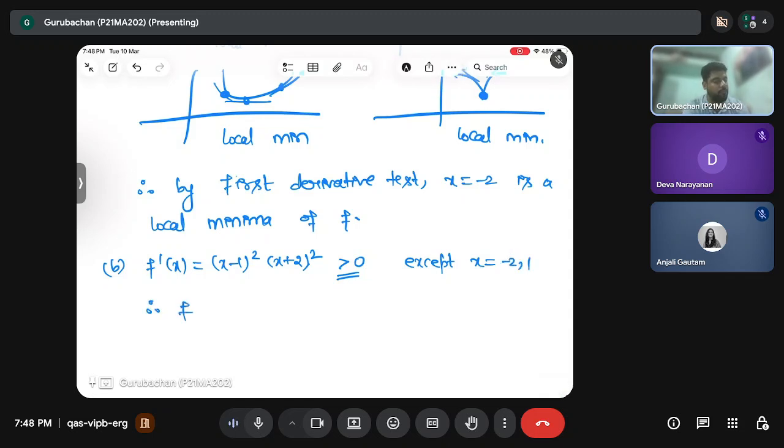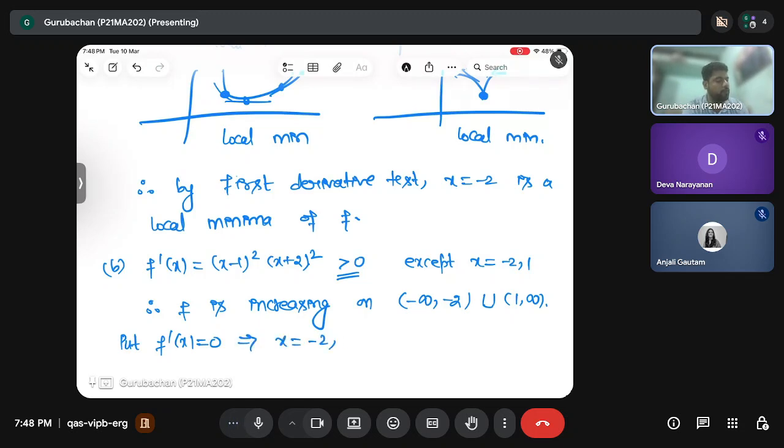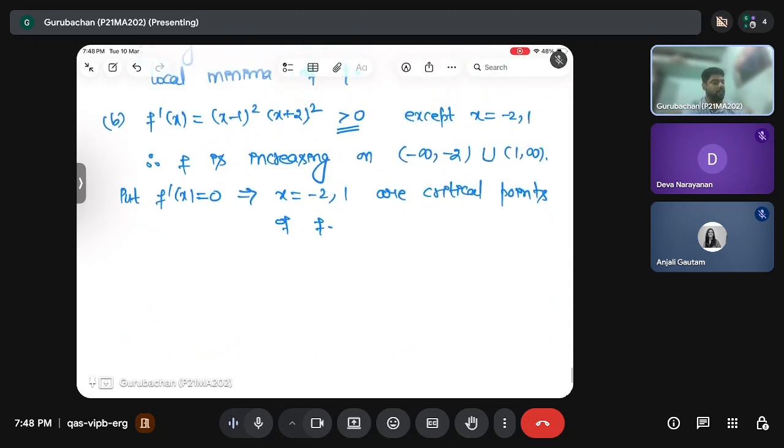Therefore f is increasing on minus infinity to minus 2 union 1 to infinity, and x equal to minus 2 and 1 are critical points of f.